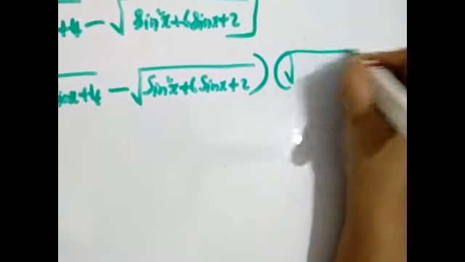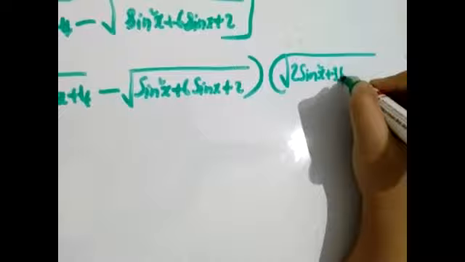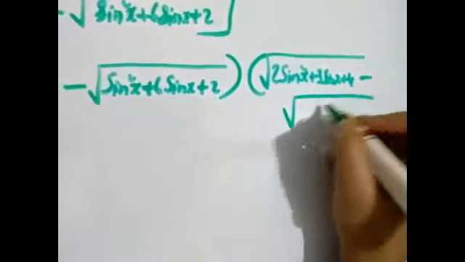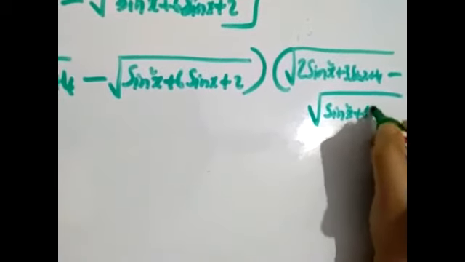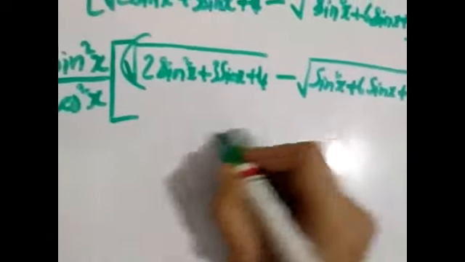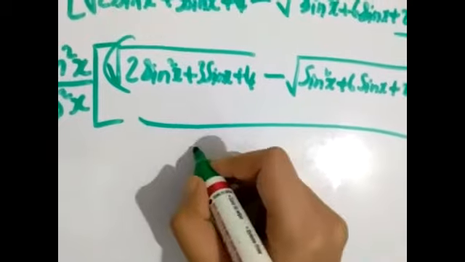So I have root of 2 sine square x plus 3 sine x plus 4 and root of sine square x plus 6 sine x plus 2, whole divided by the same thing, no?